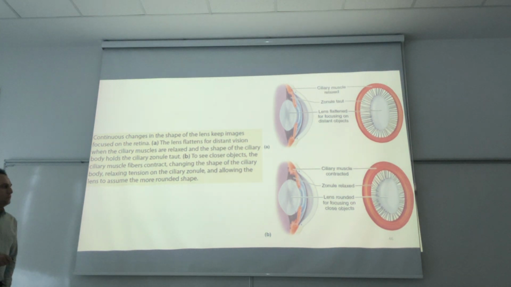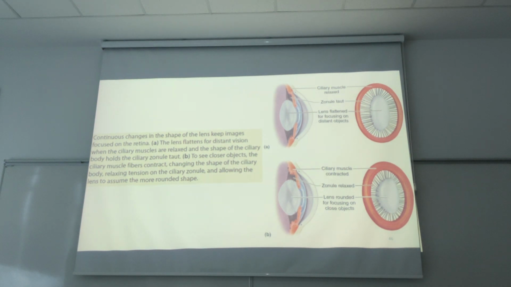When we are going to look at objects that are close, the ciliary muscles contract. With this contraction, the zonular fibers relax. And with this relaxation, the lens again becomes rounded and the thickness of the lens increases. Can you understand the physiology of accommodation?